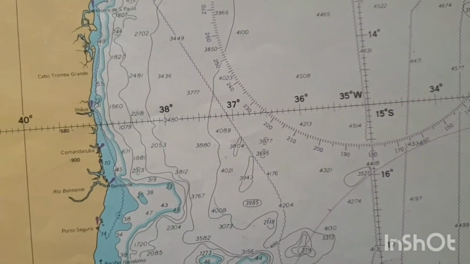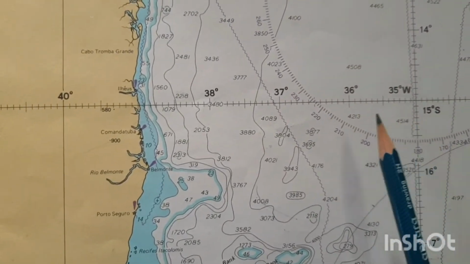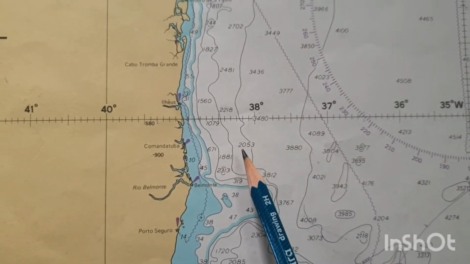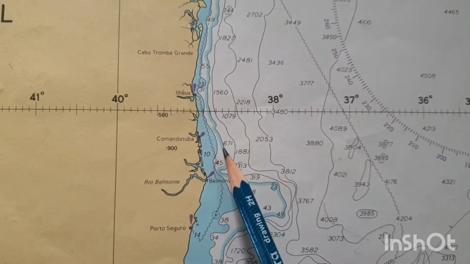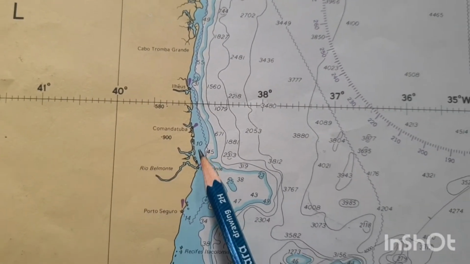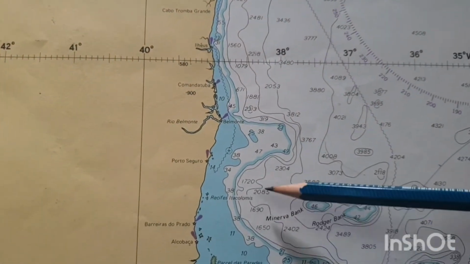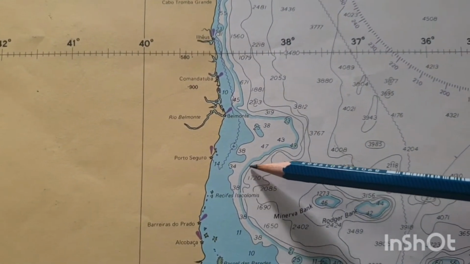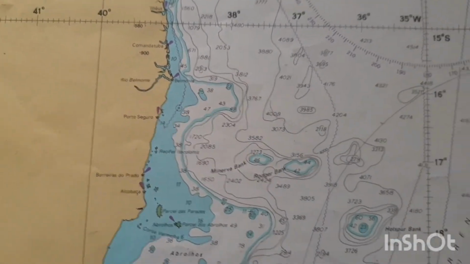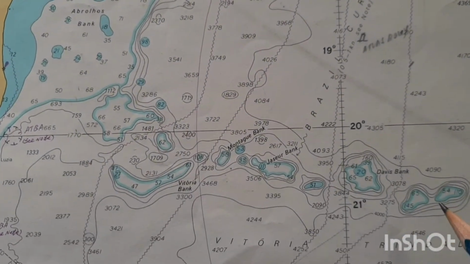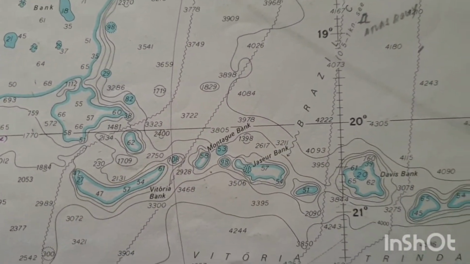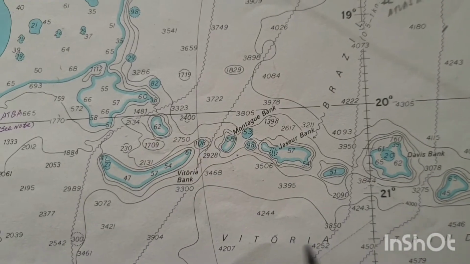As we get close to the land, the depth decreases. 3,000, 3,800, 2,500, 1,800, 671, 45, and 10 meters. In this chart, depths below 100 meters are given in blue color to show that the areas are of lesser depth.